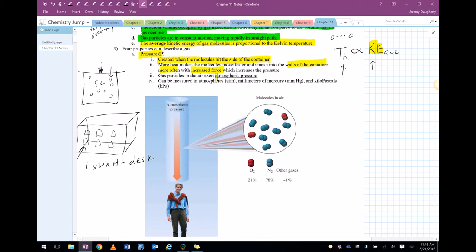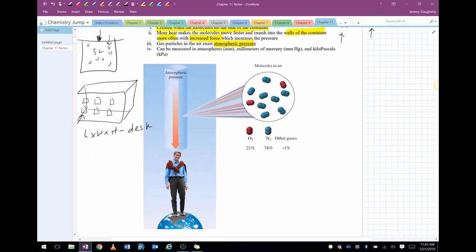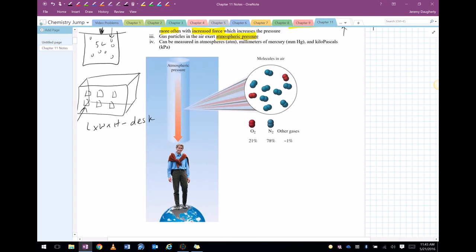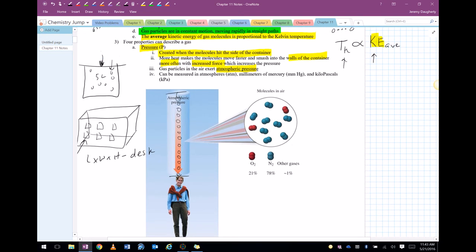Gas particles in the air exert what's called atmospheric pressure. Here's Malfoy, who has all sorts of gas particles on top of him. Those gas particles are all exerting force on your head, which is atmospheric pressure.